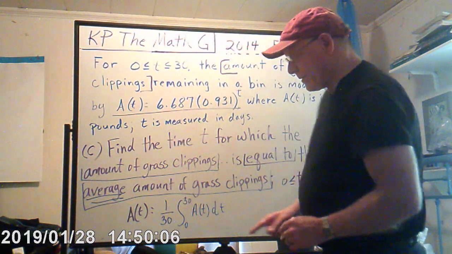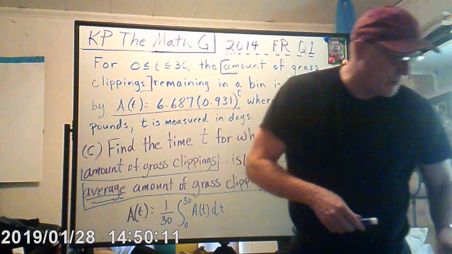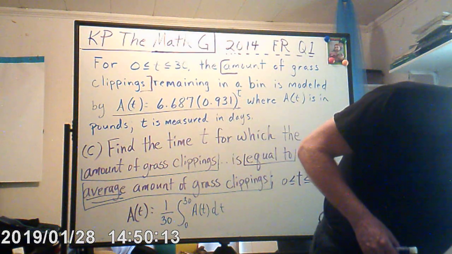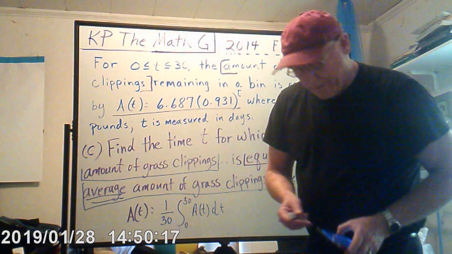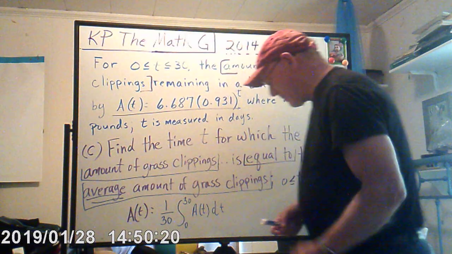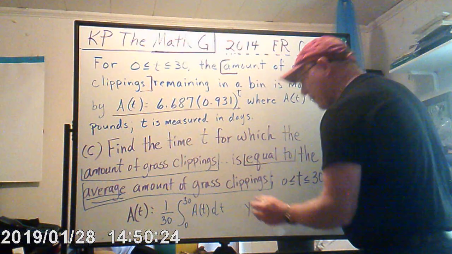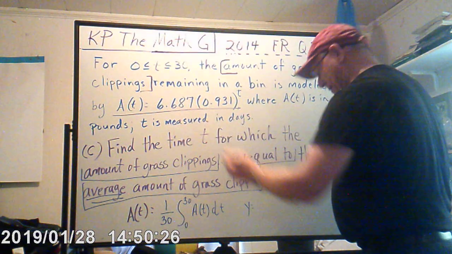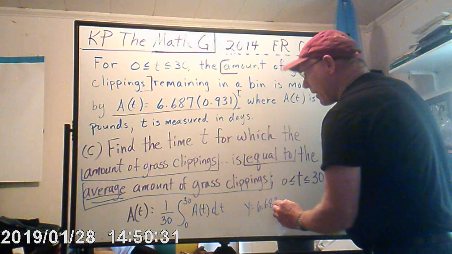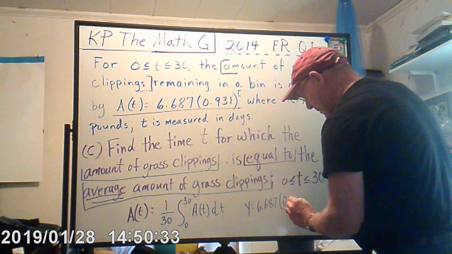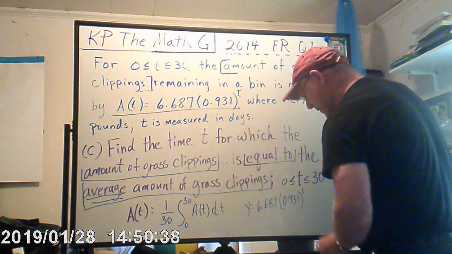Now it wouldn't hurt to have put this in your calculator, which I need to reach over and grab here. I have y sub 0. You could have y sub 1 equals, and then put this whole thing in there, 6.687 times 0.931 raised to the t.